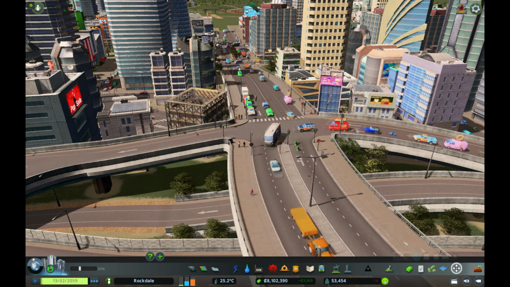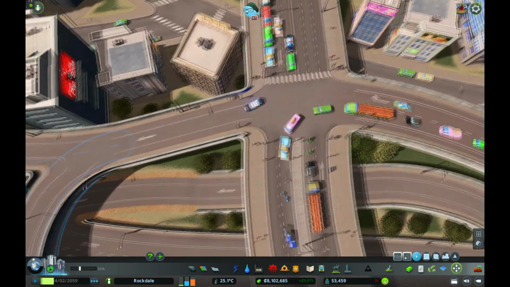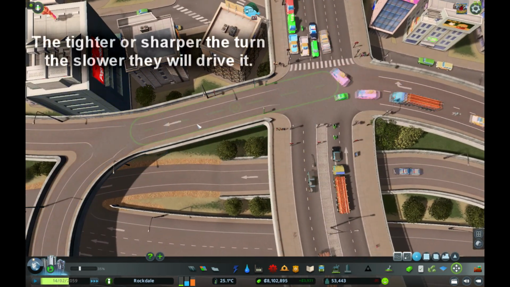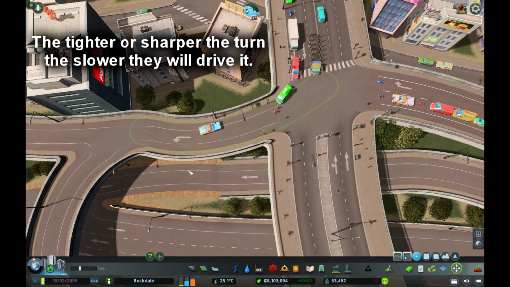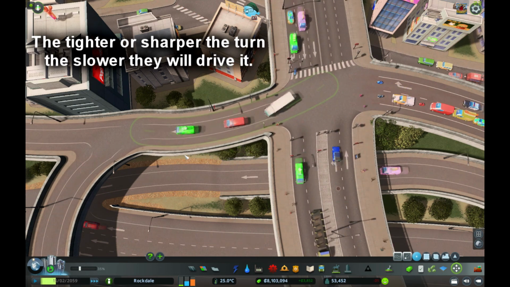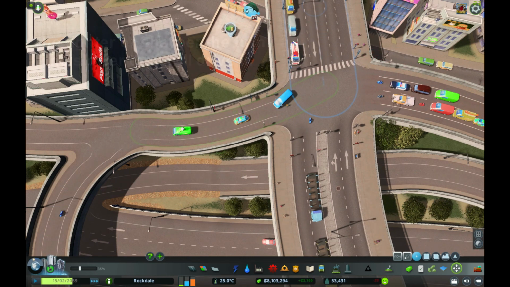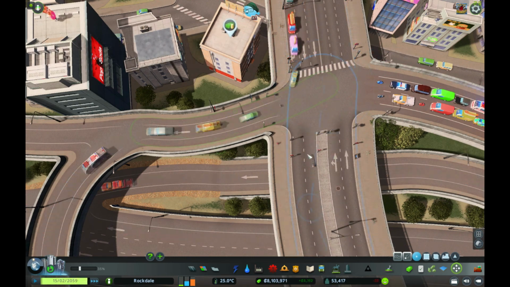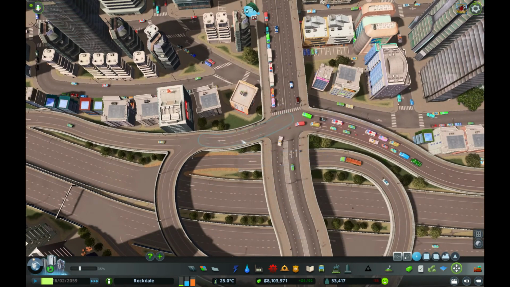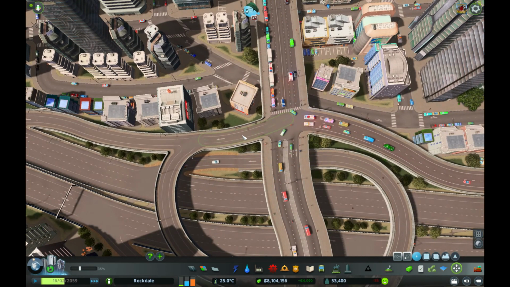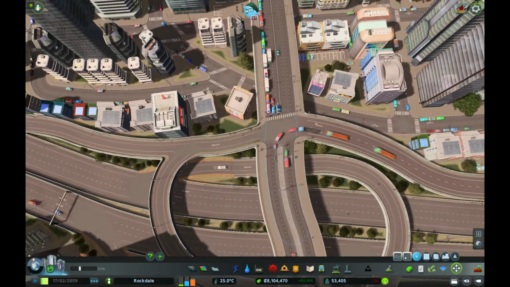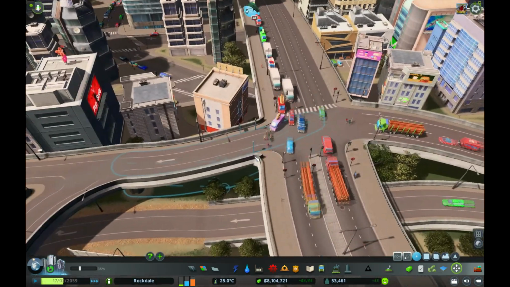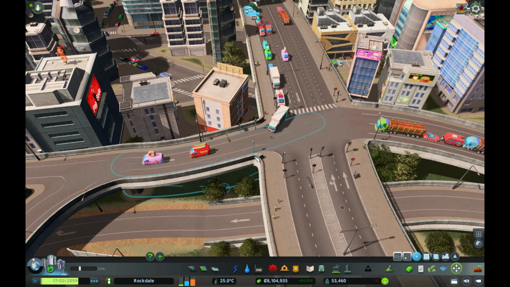So the reason I arced it to begin with was so that they wouldn't have a 90-degree turn. And by doing that, it created that light. It disassociated.